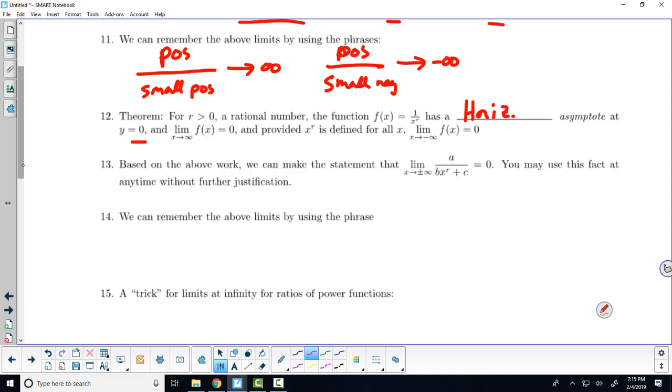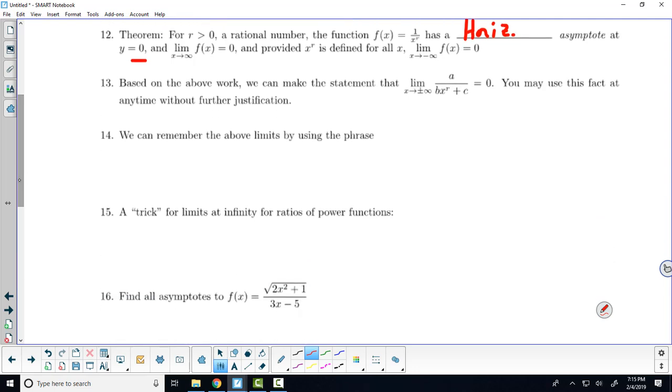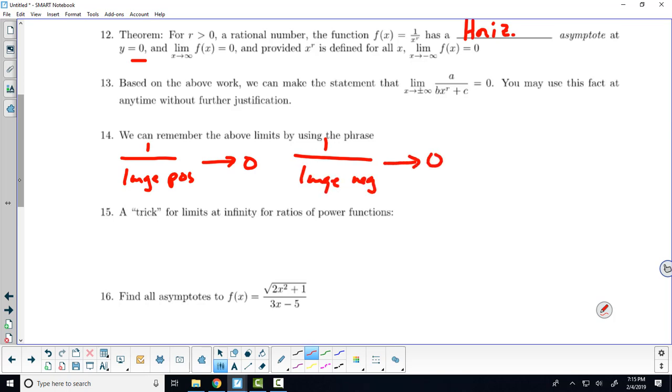It goes small, right? So this limit is 0. You can use this fact as you need. So we say that 1 divided by a large positive is approaching 0, and 1 divided by a large negative is approaching 0.